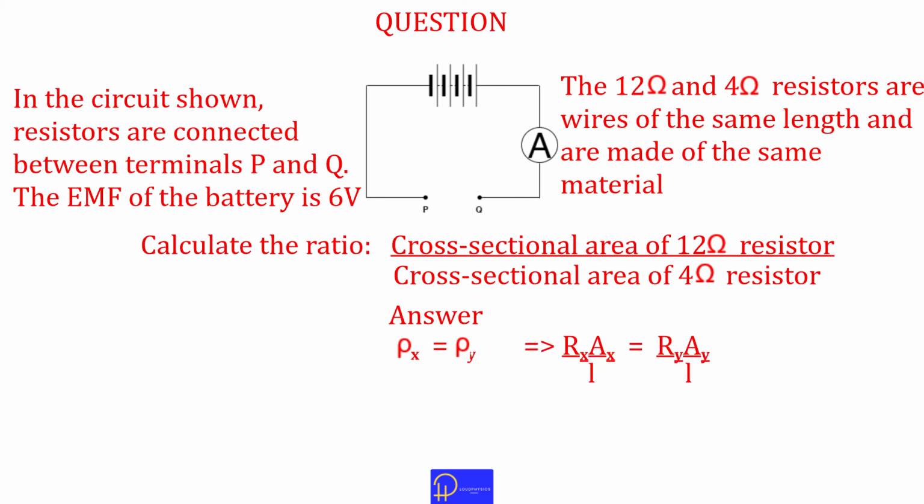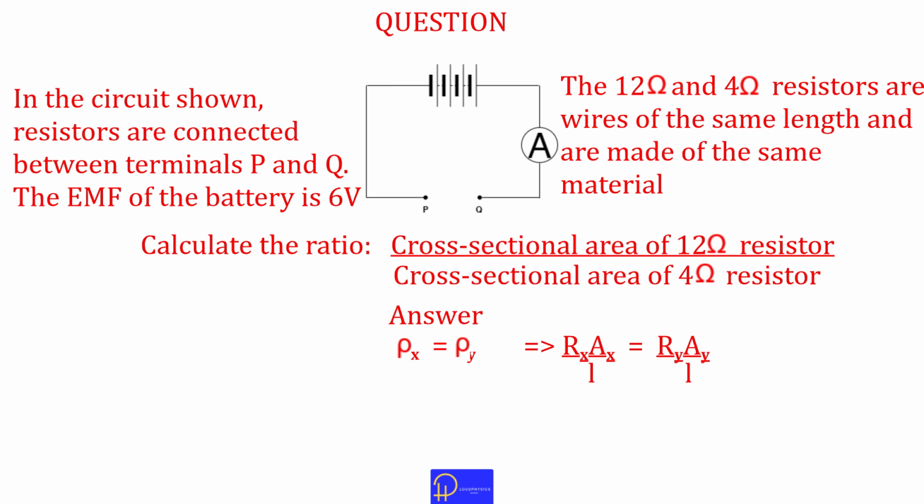So we first establish that rho x equals rho y, then we make our substitutions: Rx times Ax over L is equal to Ry times Ay over L. We are not distinguishing the lengths because the question says they have the same length.